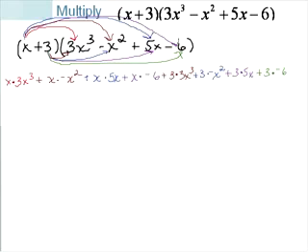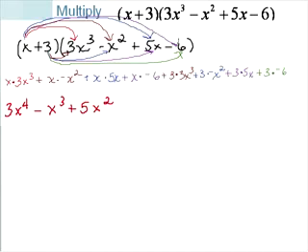So writing out all of these multiplications will give me x times 3x cubed is 3x to the 4th, because remember I add my exponents. X times negative x squared will be a minus x to the 3rd. Again, adding my exponents. X times 5x will be a plus 5x squared.